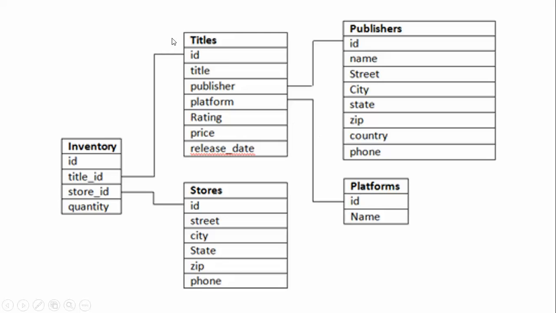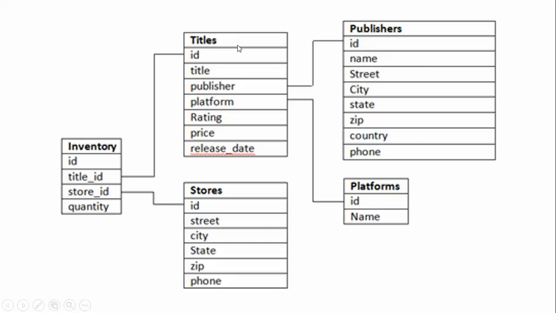So let's take a look at our GameStop database. This is what I'm going to be playing with in the next video, where I'm actually going to execute some queries. Every software title has a publisher, and every publisher has an ID number.